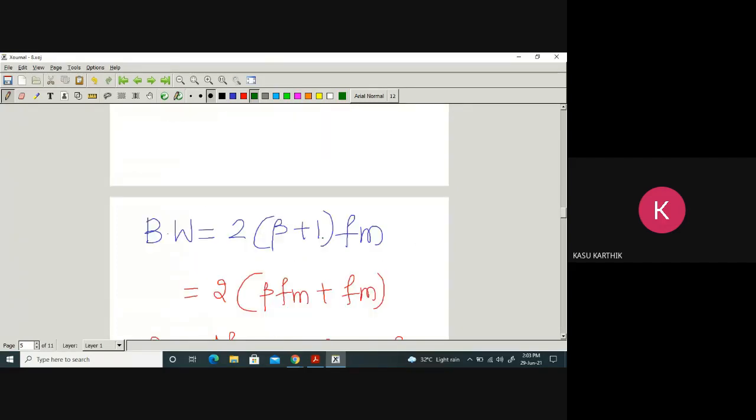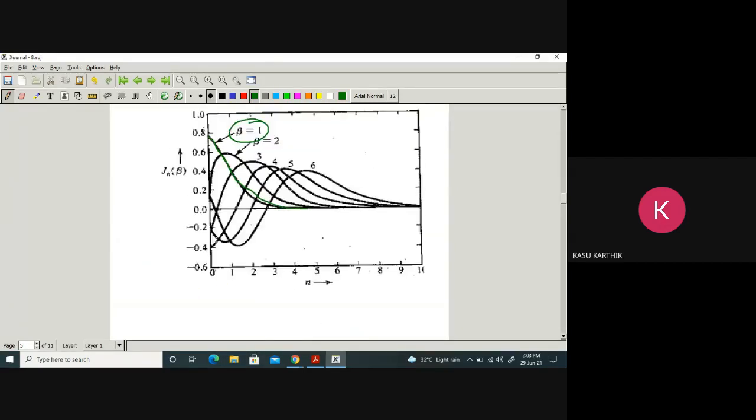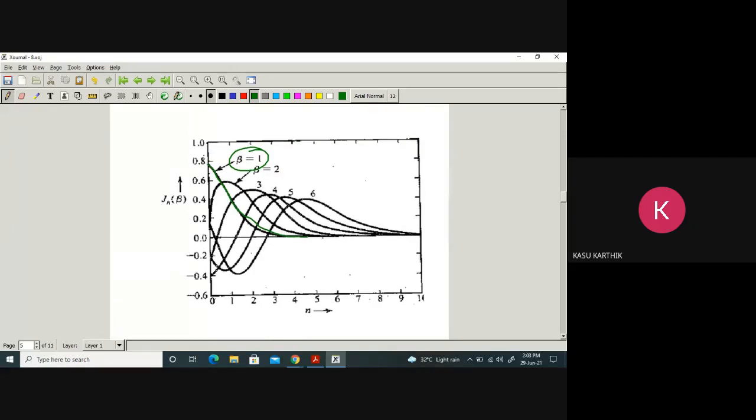Now this is one more graph. From this graph, suppose β equal to 1. When n is more than 2, let us take this β equal to 1 graph.